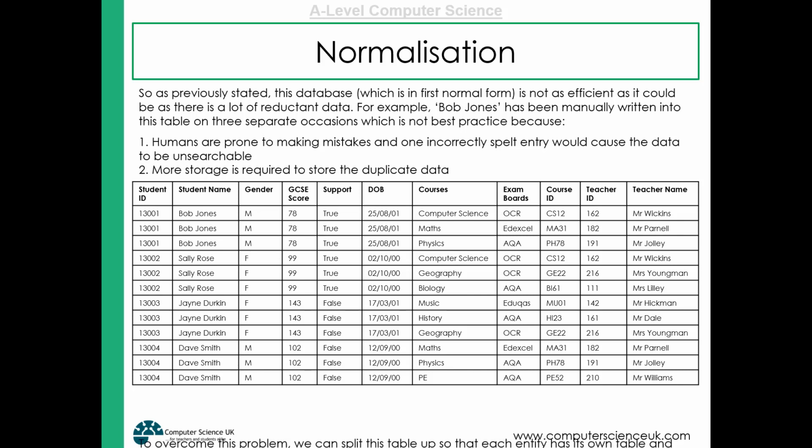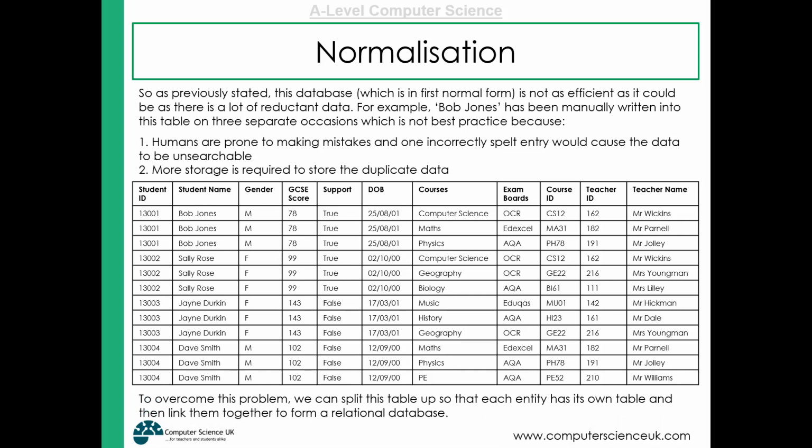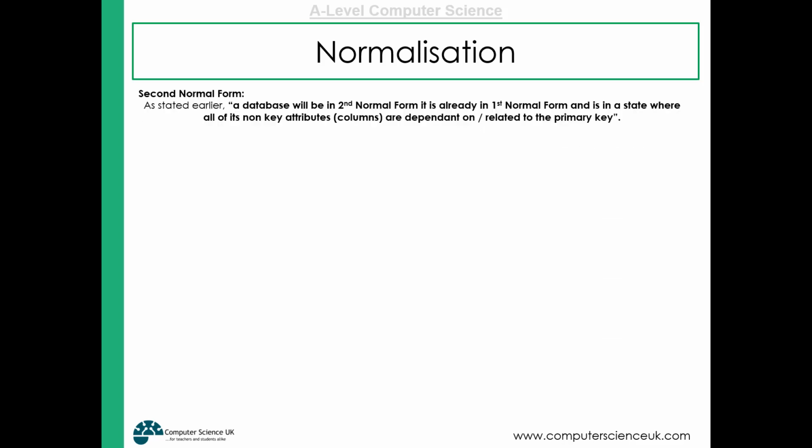Not great. So to overcome this problem, we can split the table up so that each entity has its own table, and then we can link them together. So we said before, this confusing statement: a database will be in second normal form if it's already in first normal form and is in a state where all of its non-key attributes are dependent on or related to the primary key.